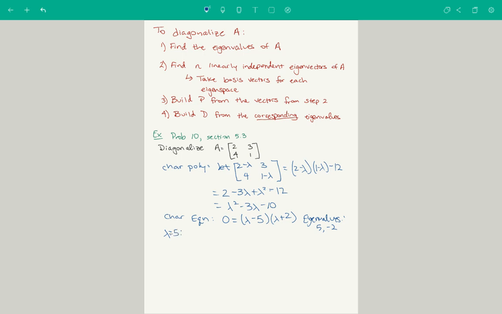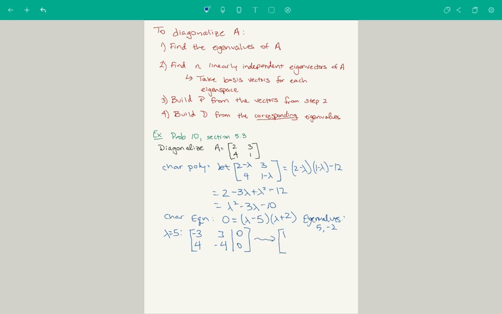We did this in more detail in the last video, so if you need a refresher, you can go ahead and look at that. Okay, so lambda equals 5, we take our A minus lambda I and plug in 5 for lambda. So this would be -3, 3, 4, -4. And we look at the corresponding homogeneous system. We can row reduce this.